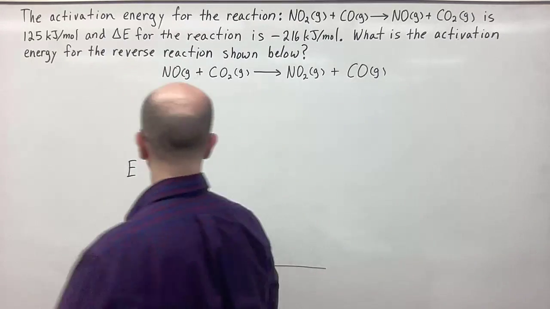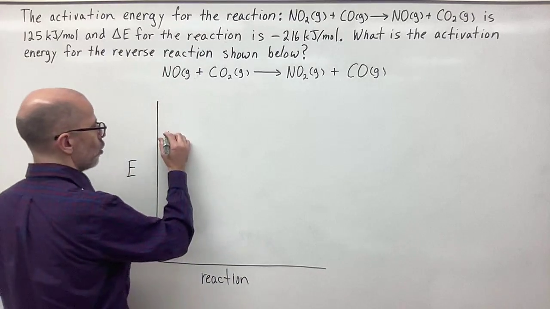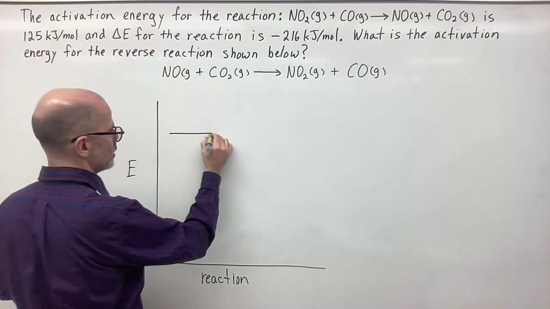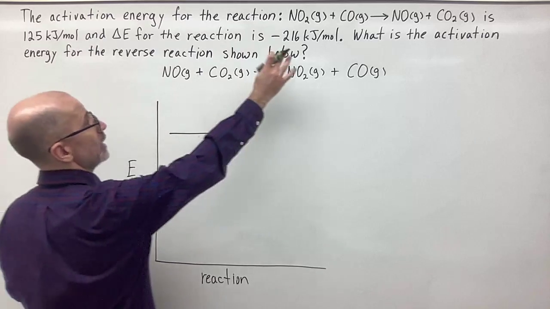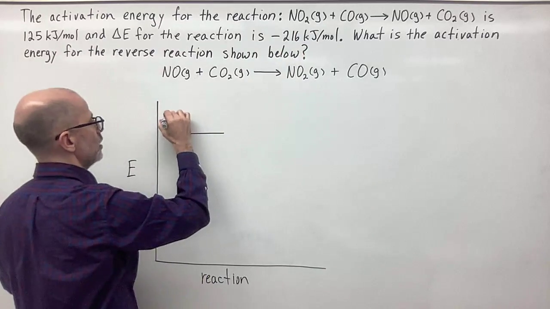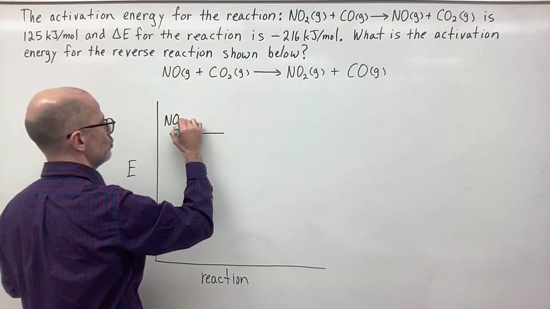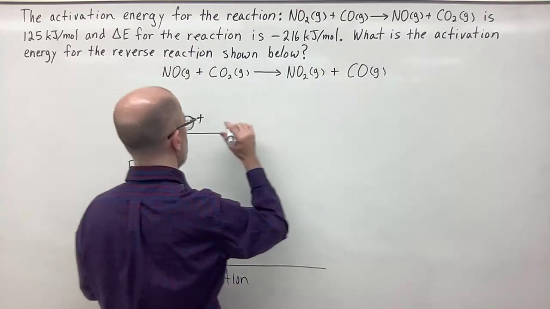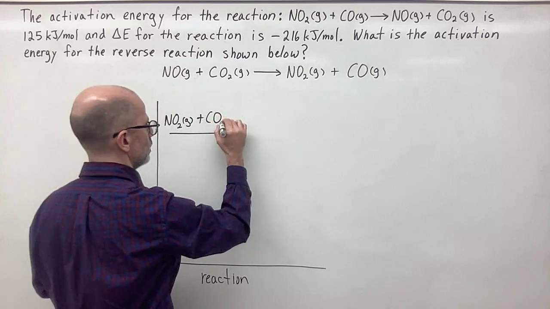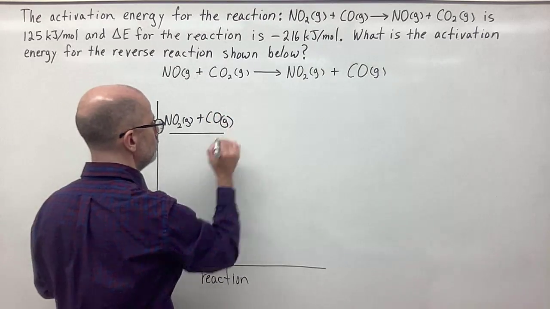So when we write our diagram here, we'll have the reactants up here, right? So let's write the reactants here. So we have NO2 gas plus CO gas. Okay.